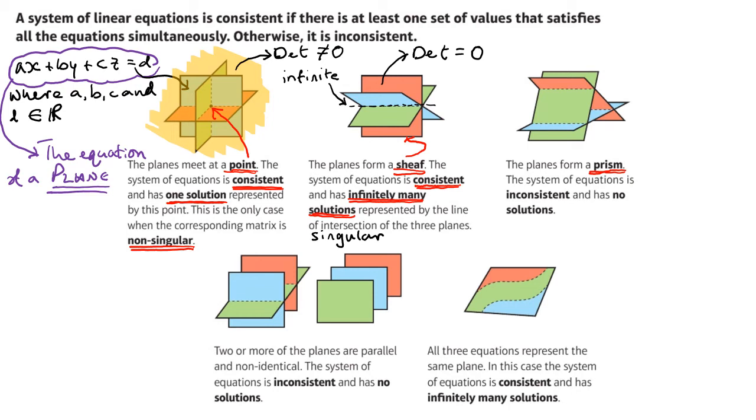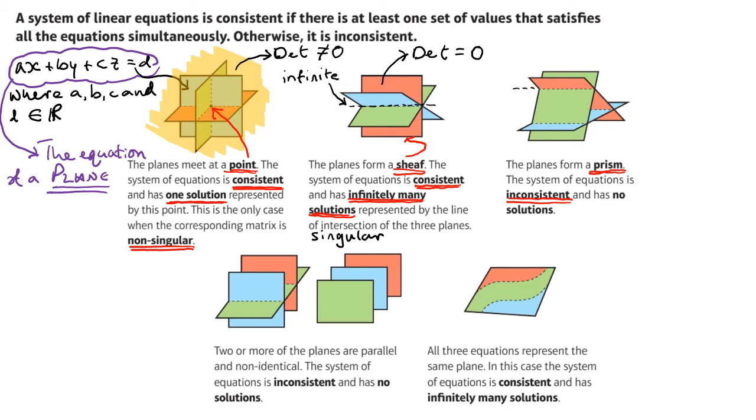What that means is each pair of equations has a solution, but there is no solution to all three. Now, when there's no solution to all three equations, we say that it's inconsistent. There's no solution to all three equations, only to pairs of equations.